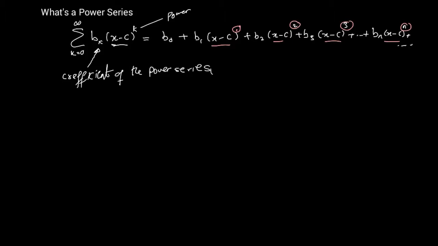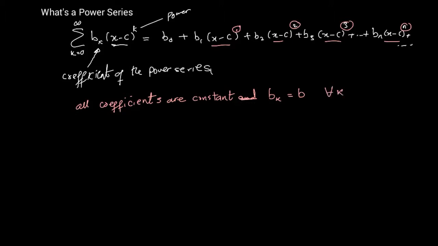Now, what I'm going to do is look at a specific type of power series, which is quite interesting, where all the bk's, so all coefficients, are constant. It's a special power series. So basically what it's saying is your bk is just a b, for the sake of argument, for all k.